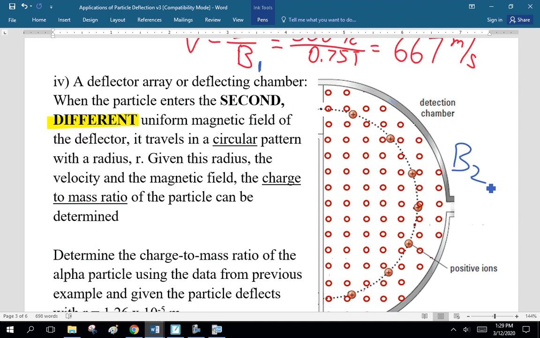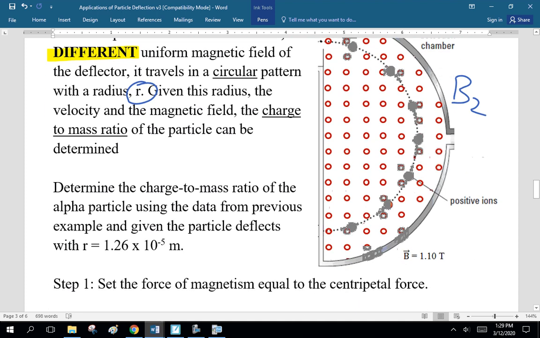One of the distractor answers in the multiple choice will take that into account. So when the particle enters the second, different uniform magnetic field, the deflector travels in a circular pattern with a radius r. Given this radius and the velocity in the magnetic field, the charge to mass ratio of the particle can be determined. Now, I want you guys to determine the charge to mass ratio of the alpha particle using data from the previous example, given the particle deflects with a radius of 1.26 times 10 to the minus 5 of a meter.